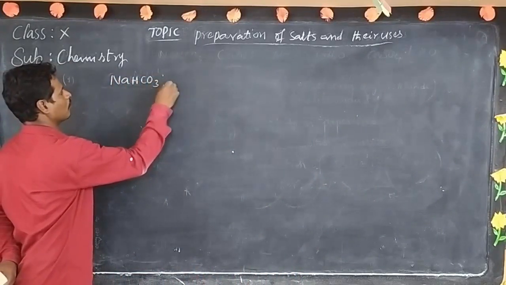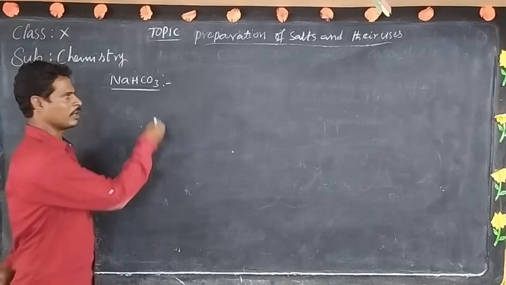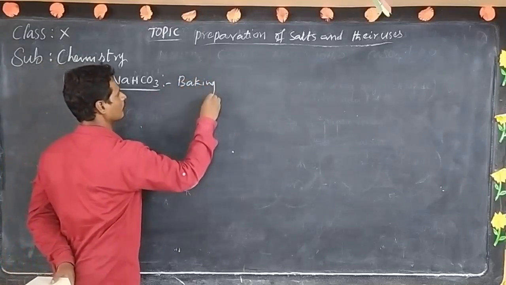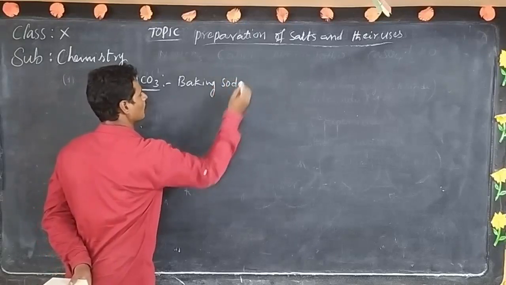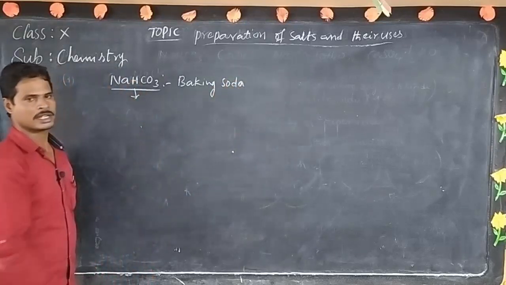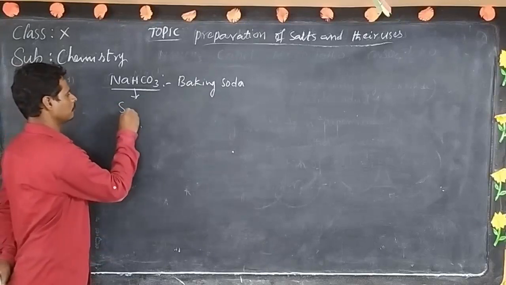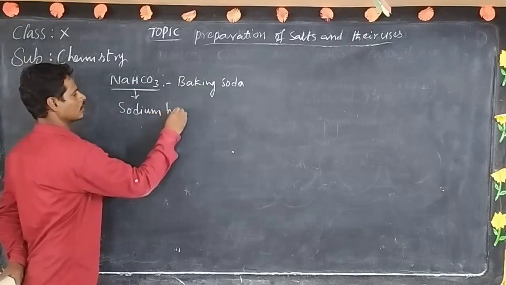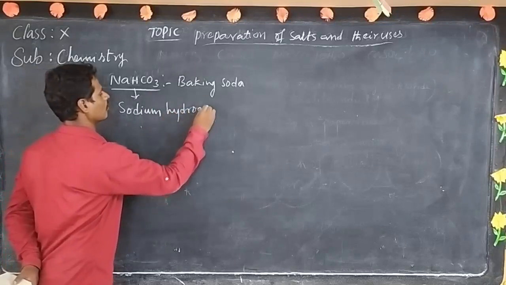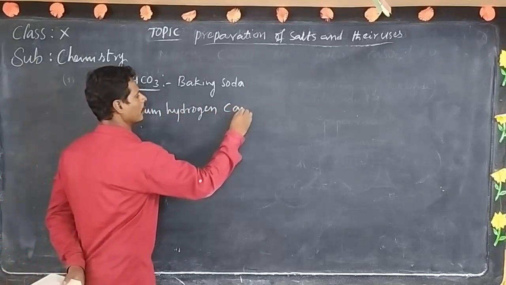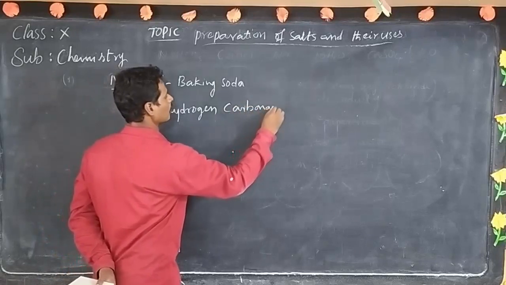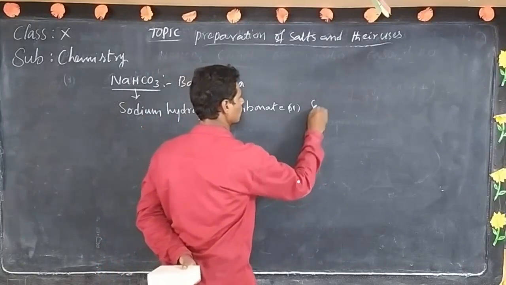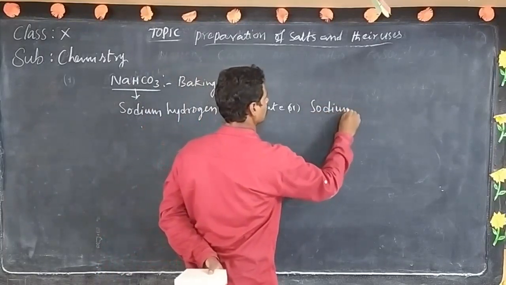Next, the third one, sodium bicarbonate. Its common name is baking soda. What is the chemical name of baking soda? Sodium hydrogen carbonate or sodium bicarbonate.